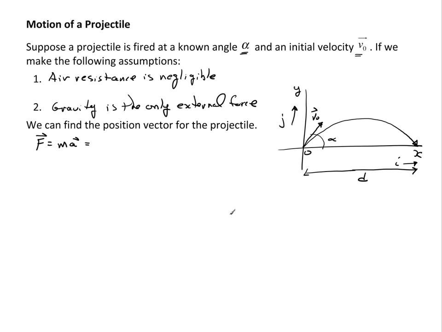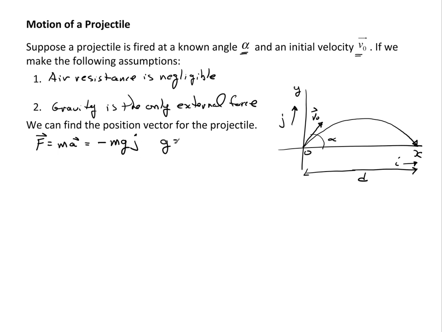Now, the force that's working on this is nothing but gravity, and gravity is working in this direction. So the force vector is simply negative m times g j, where g is the acceleration of gravity.